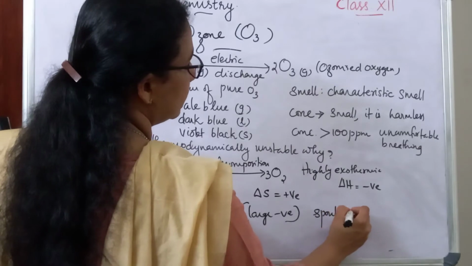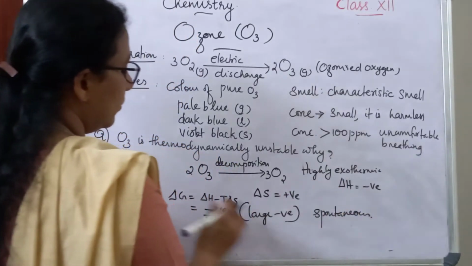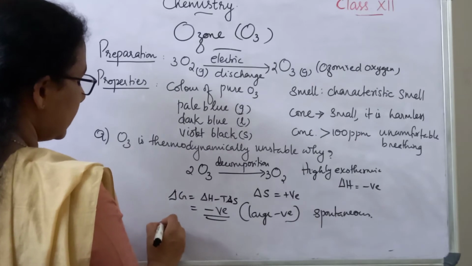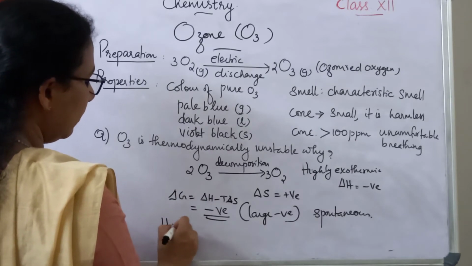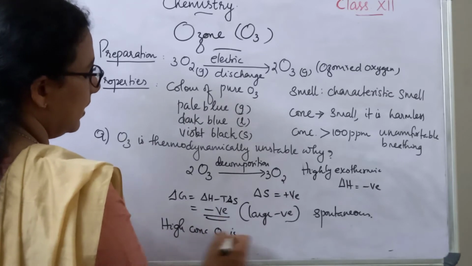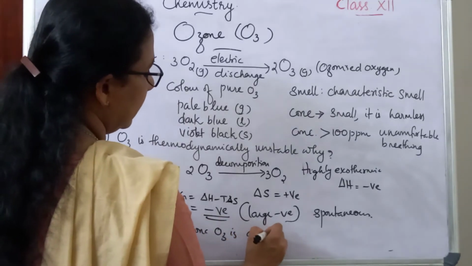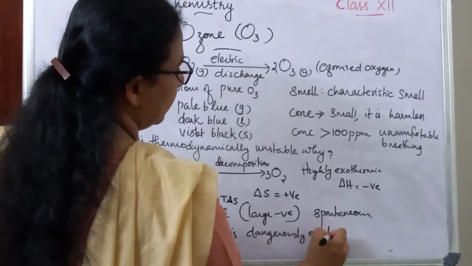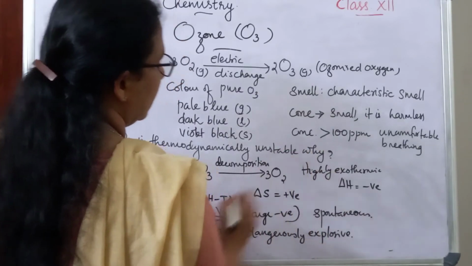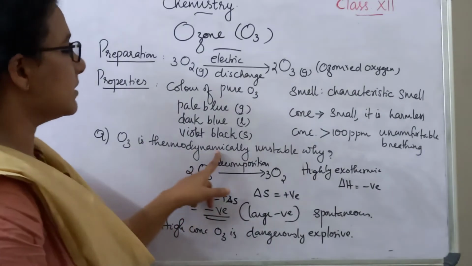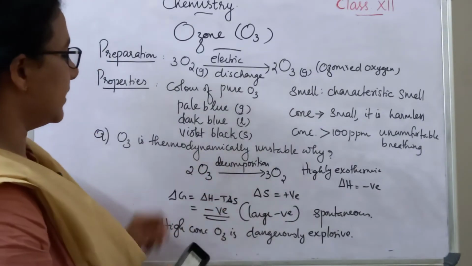So we can say the high concentration of ozone is dangerously explosive. So this is how we can explain ozone is thermodynamically unstable.